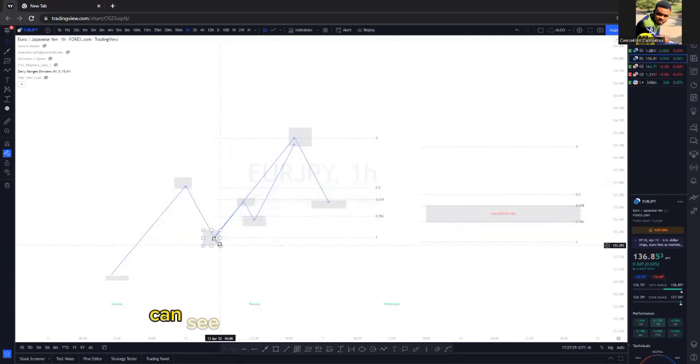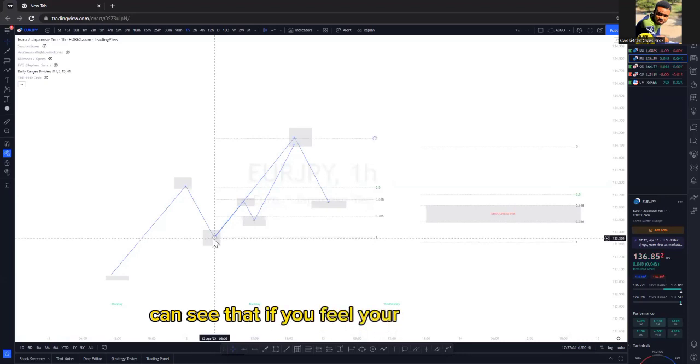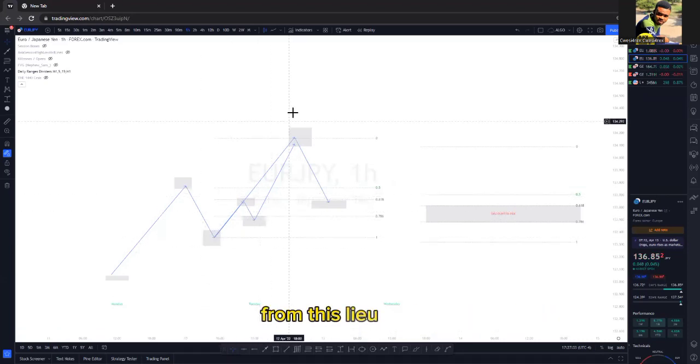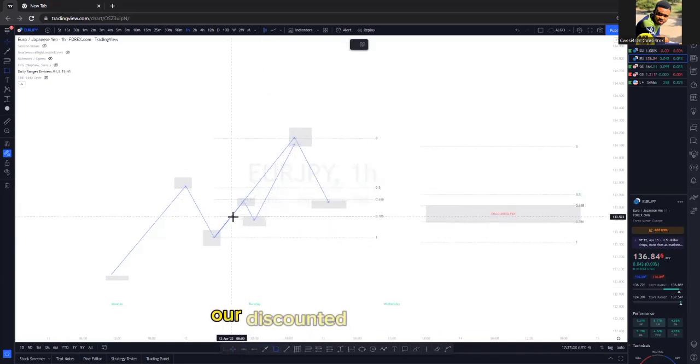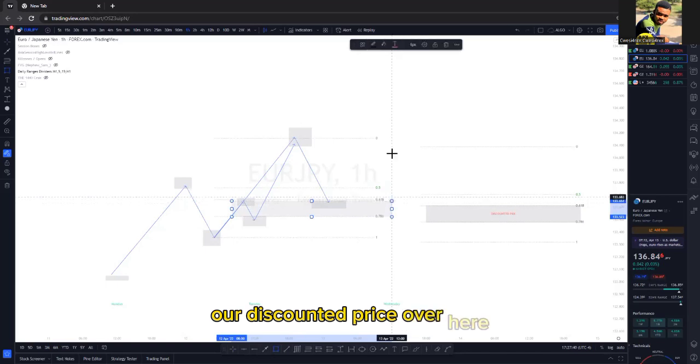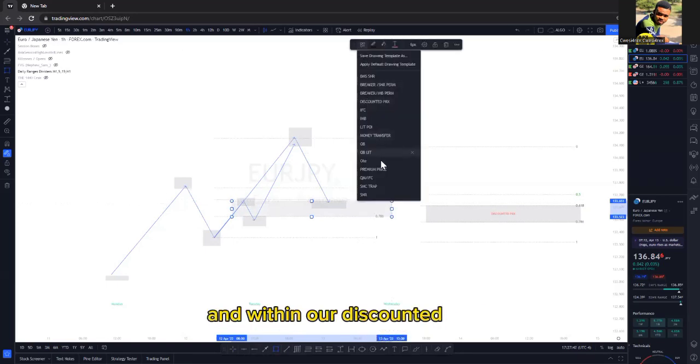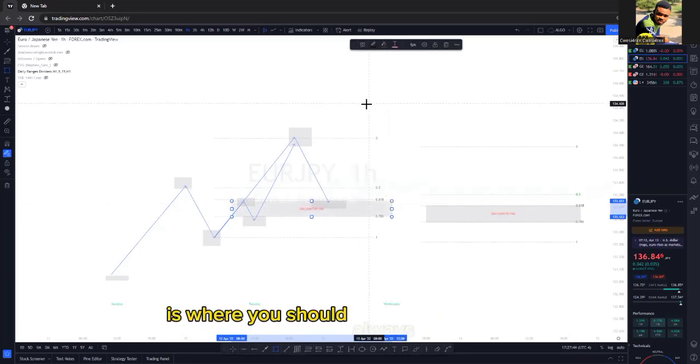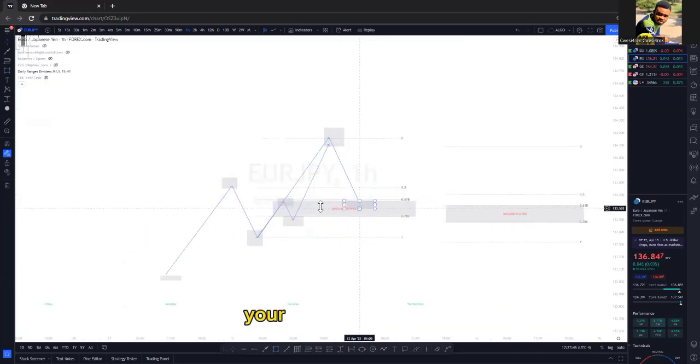If you fib your discounted price from this low to this high, you can see we have our discounted price over here, and within our discounted price is where you should always look for your point of interest.